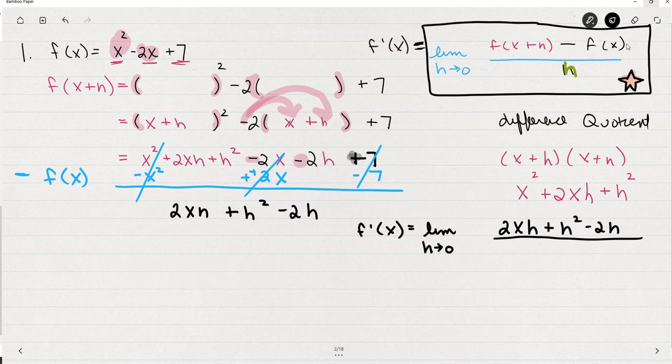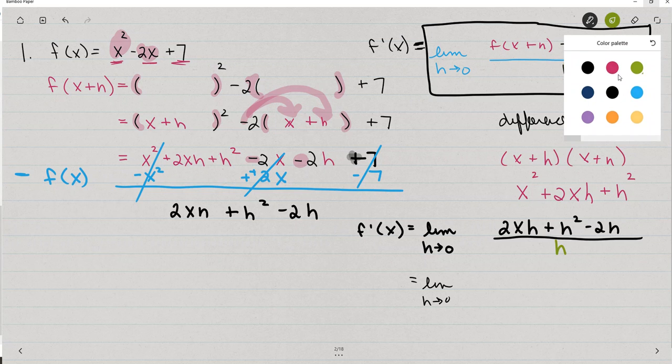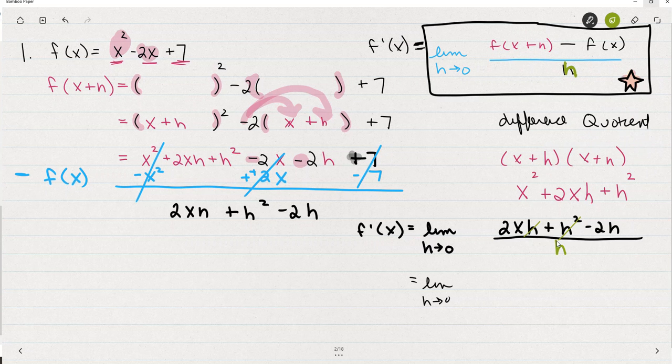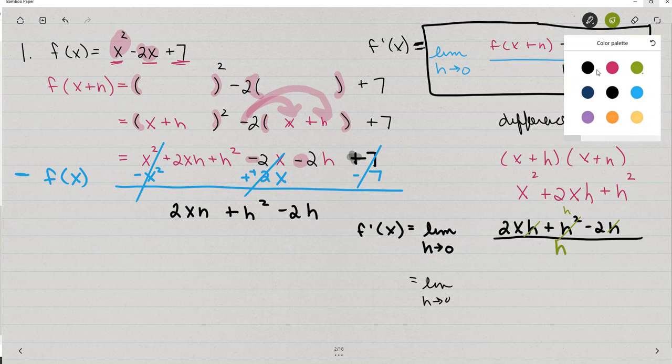And then we're going to put the whole thing over h. When I divide by h, I get the limit as h approaches 0. 2xh divided by h is 2x, h squared divided by h is h, and -2h divided by h is -2.